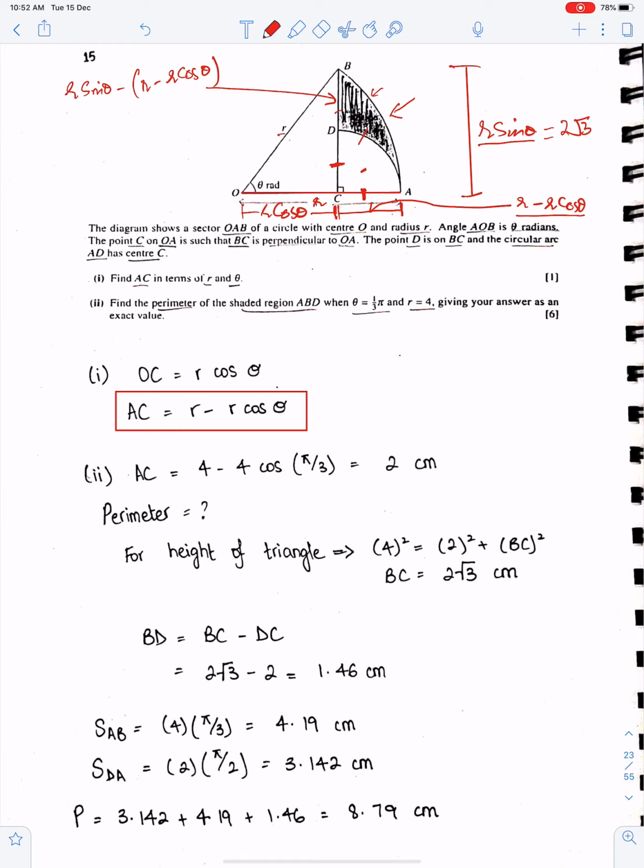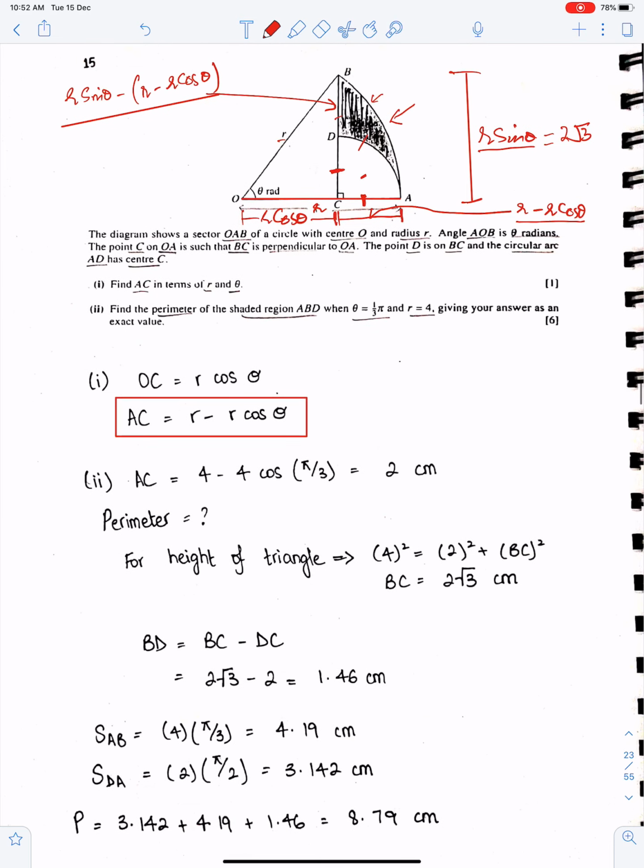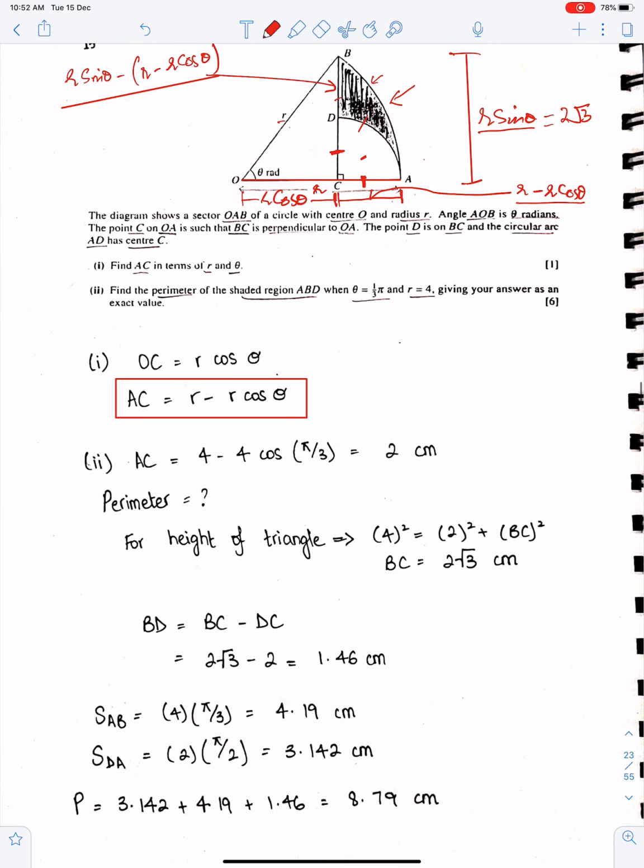Now we need BD. BD is here. This is BD. It's 1.46.